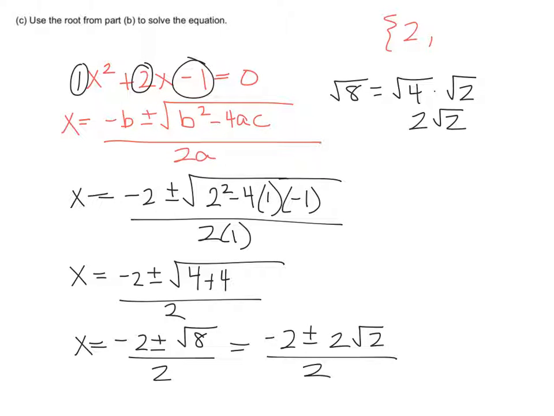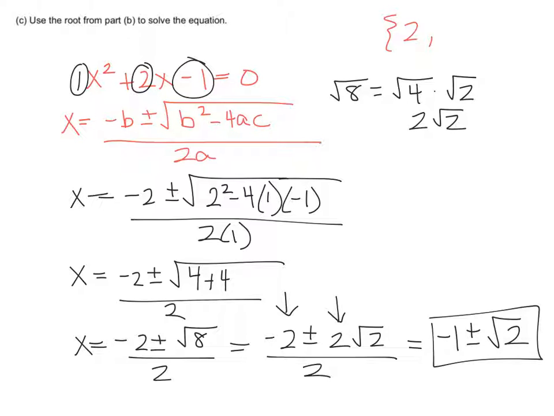Lastly, we can simplify by reducing each coefficient by the denominator, which is 2. So we have negative 2 divided by 2, which is negative 1, plus or minus 2 divided by 2, which is 1. So we are just left with the square root of 2. And these are my solutions.